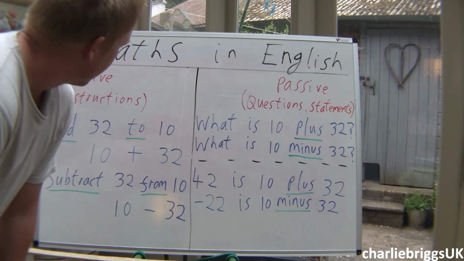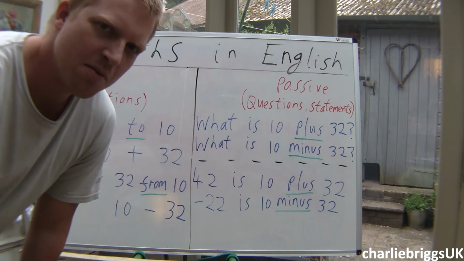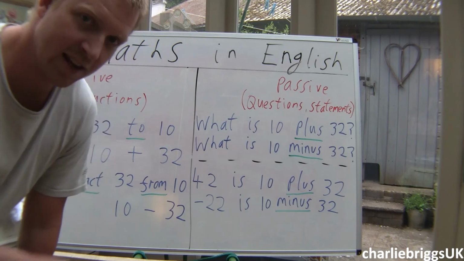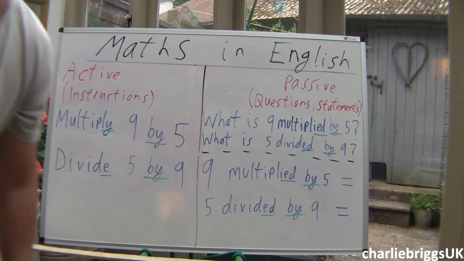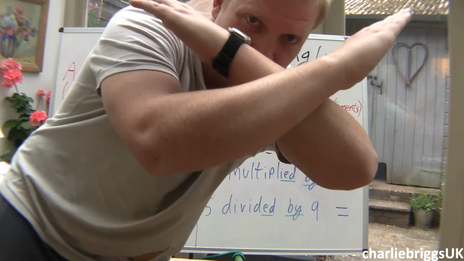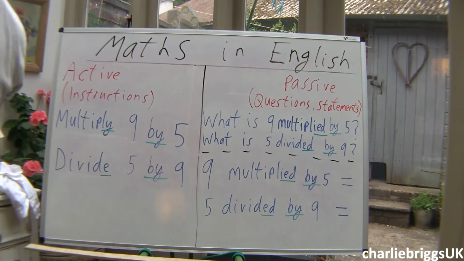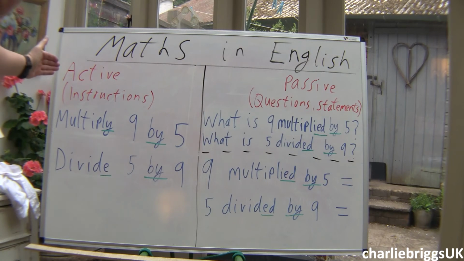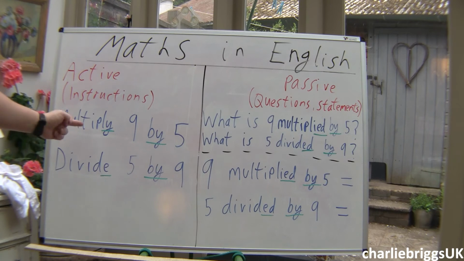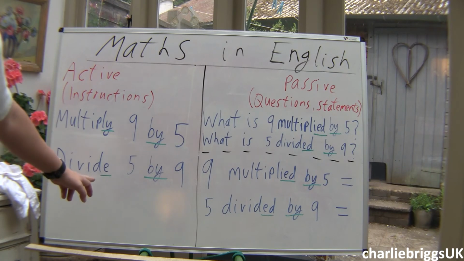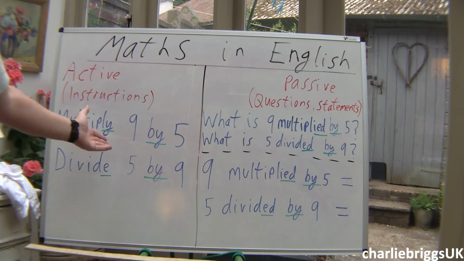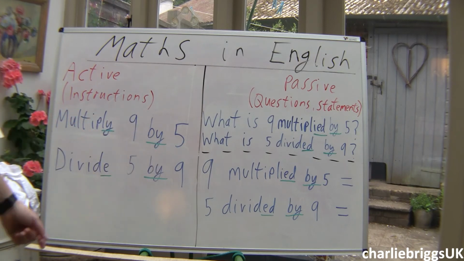Now, let's look at multiplying and dividing in active and passive. Alright, so now we have multiply and divide. So like before, active, if we're giving an instruction, we say multiply or divide by something. So 9 by 5 or 5 by 9.